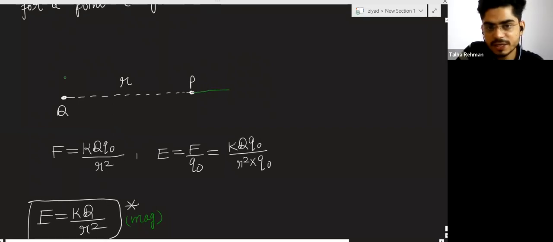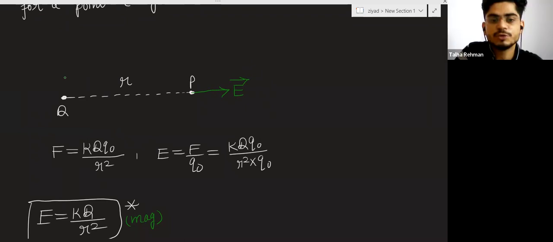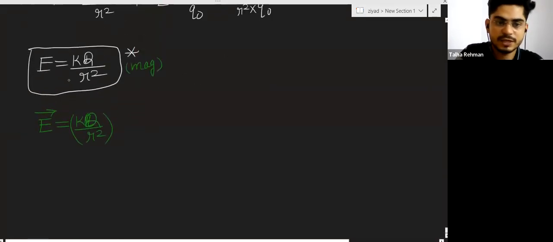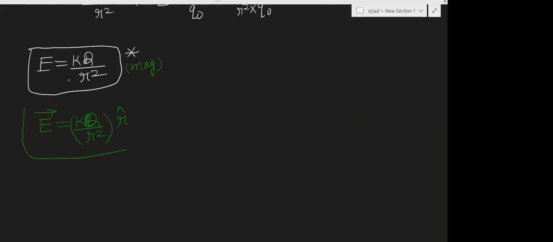The electric field will be in this direction due to the positive charge. Take the unit vector of r in this direction. So you will get the electric field in the vector form also.